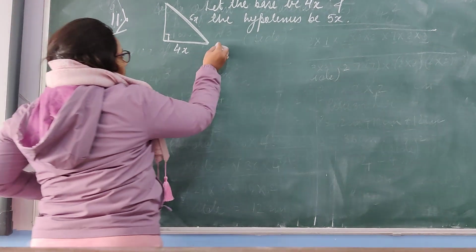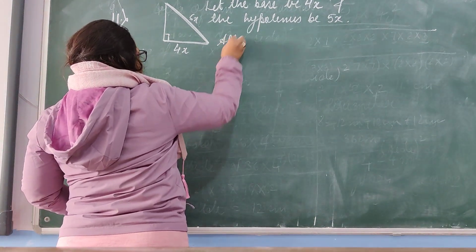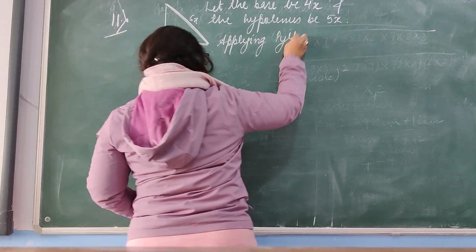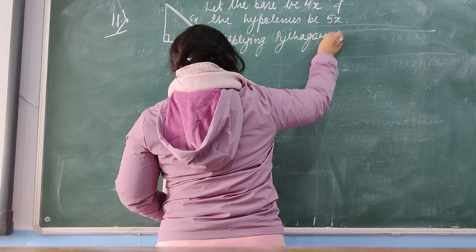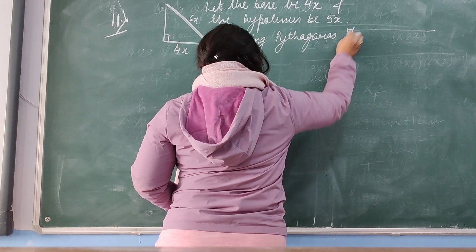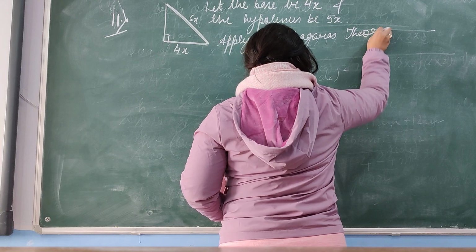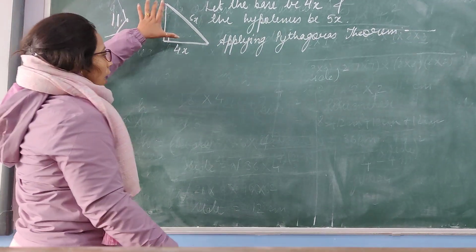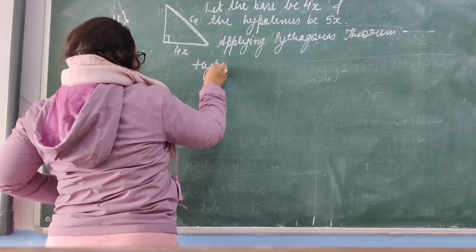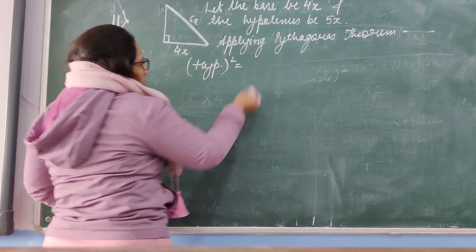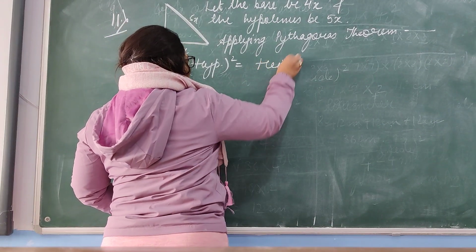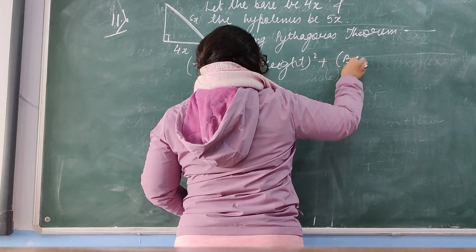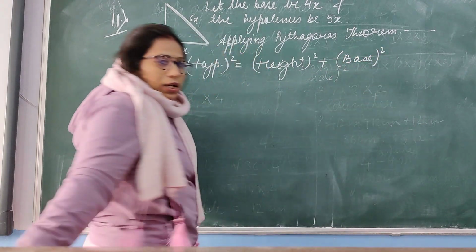According to Pythagoras theorem, hypotenuse square is equal to height square plus base square, isn't it?